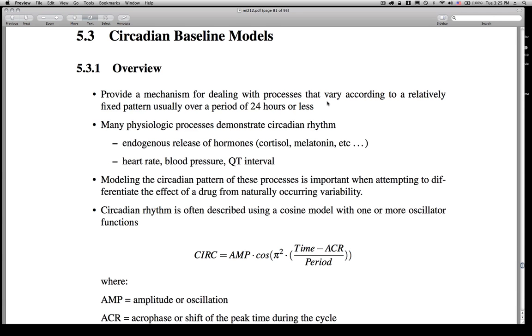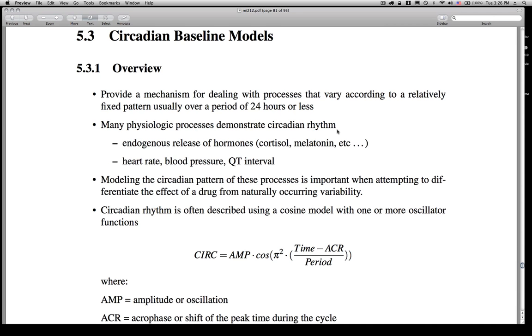And whatever the cause is, we're not going to define here, but what we do know is that there's a rising and falling of these effects within the time course observed. So if we assume that this variability is just some average intercept or some average baseline, it could really bias the estimates of the drug effects. And so modeling that pattern is important when we want to differentiate drug effects from natural variability.